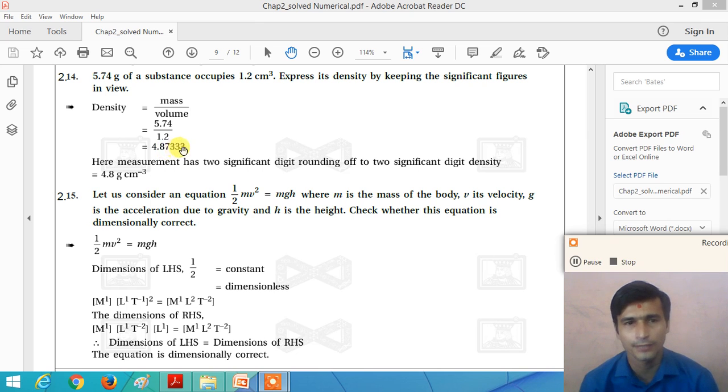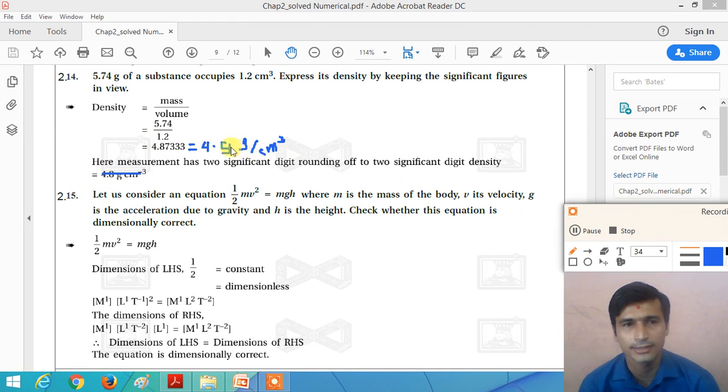But if you remove this 7, which is greater than 5, we add 1 to the preceding digit. So the correct answer is 4.9, not 4.8.